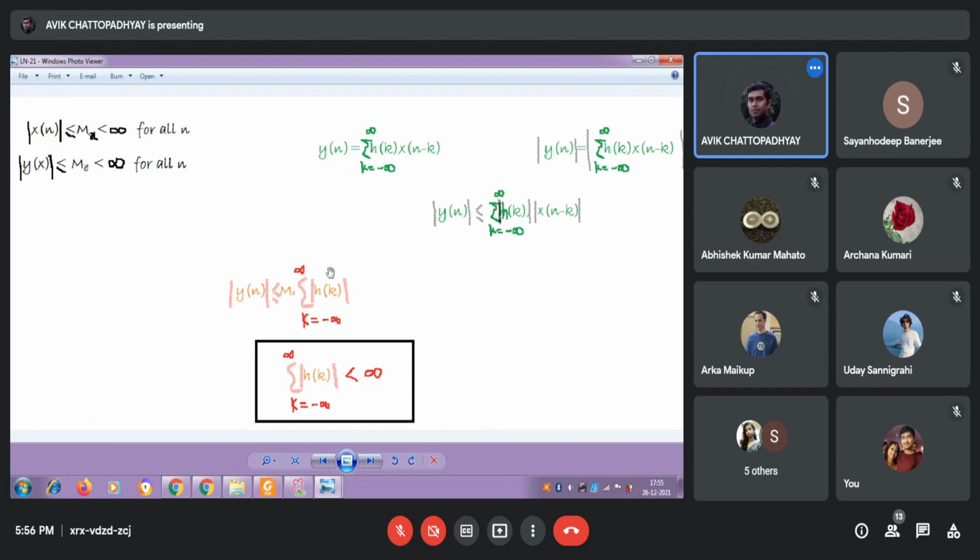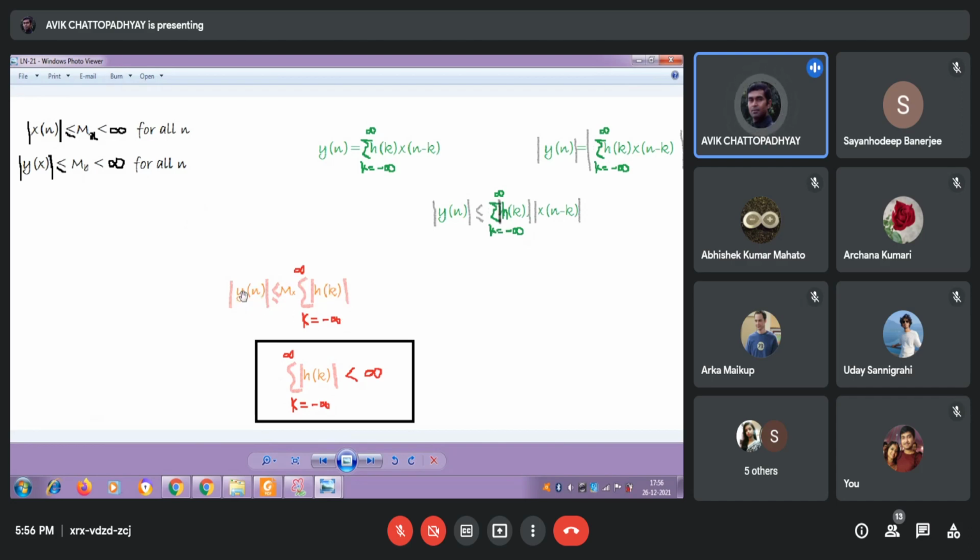Under this condition the output will be bounded, just observe carefully. Your output is bounded because this is already bounded from this condition. I have just used this condition here and I got this expression, so I don't have any problem with Mx. But the point is, what about this?